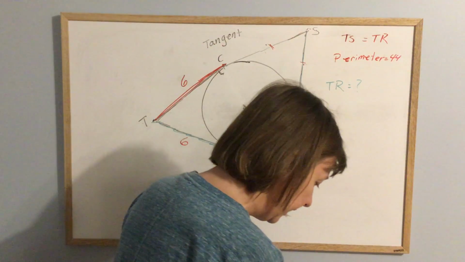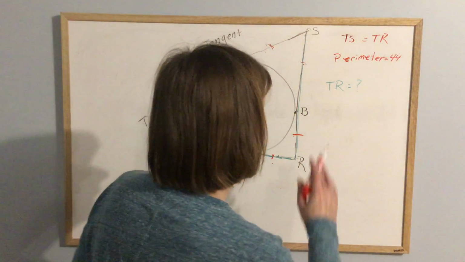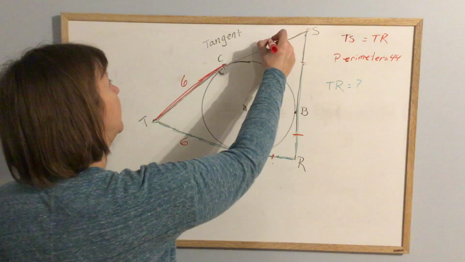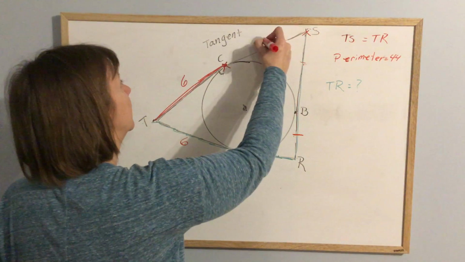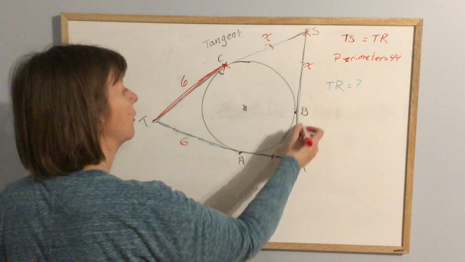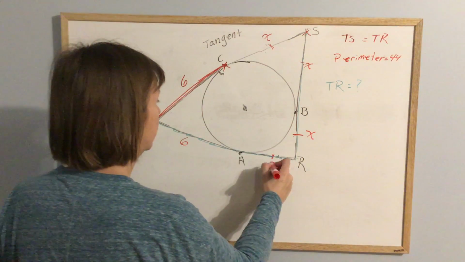So, if that's true, and the perimeter is 44, all the way around is 44. If we call this length from here to here X, and this is the same as this, then it's also X. And if this is the same as this, then it's also X. And if this is the same as this, then it's also X.